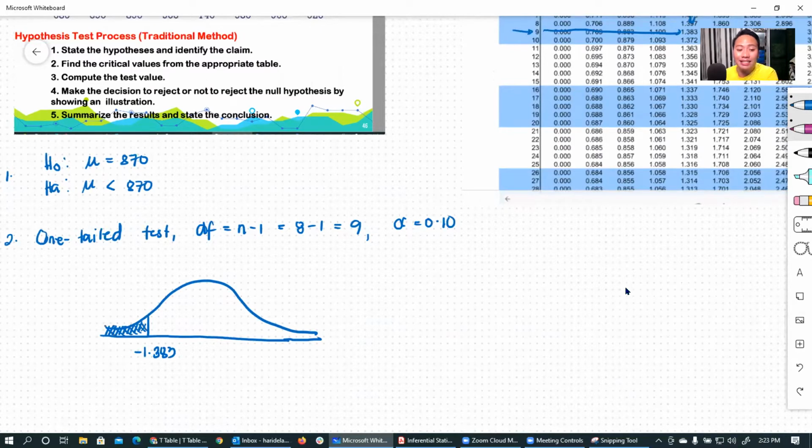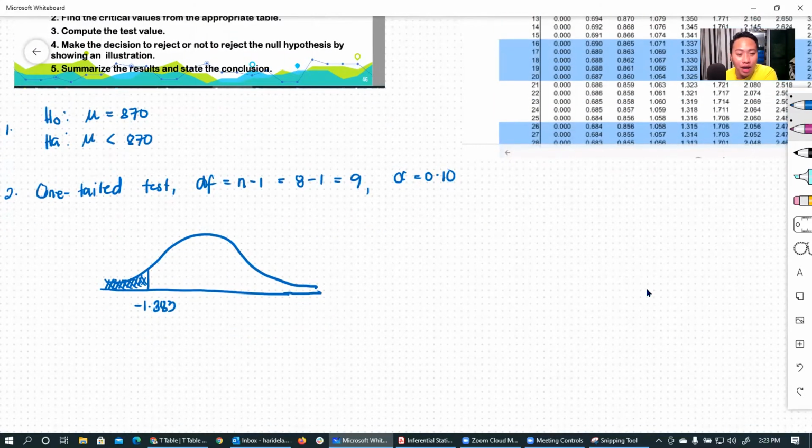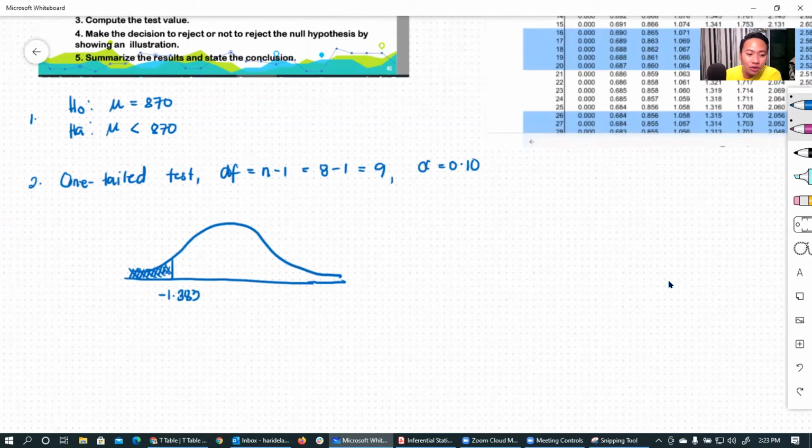So if our test statistic belongs to the left, then we should be rejecting the null hypothesis. If our test statistic belongs to the right, then we should be accepting the null hypothesis. So for us to be able to know where our test statistic belongs to, let's solve it. So the formula would still be t equals sample mean.